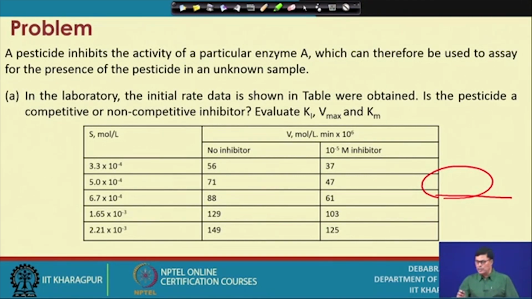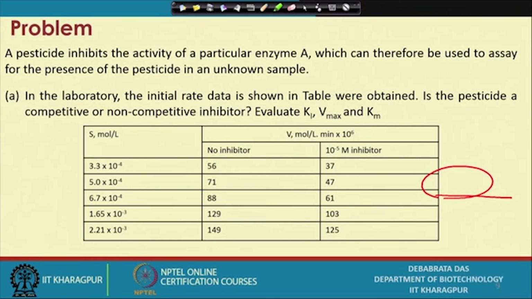I told you during my presentation about one of the applications we have of this inhibition of the enzymatic reactions. What is the application? It is the determination of complex organic molecules, which are very difficult to estimate with normal analytical techniques.